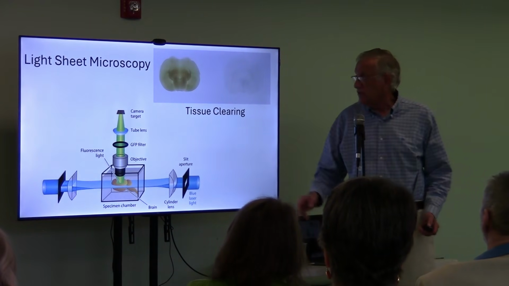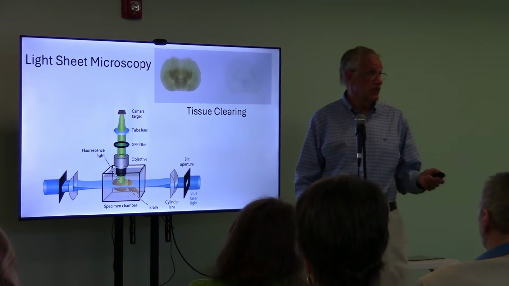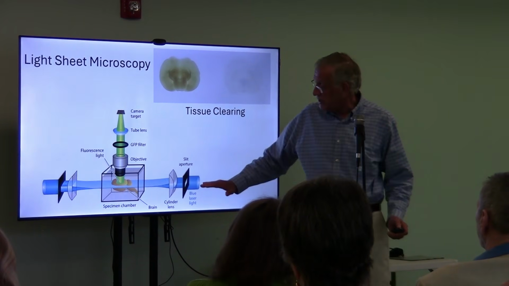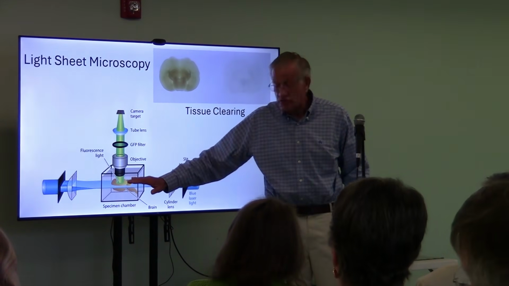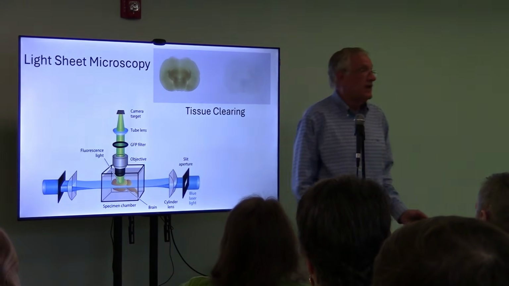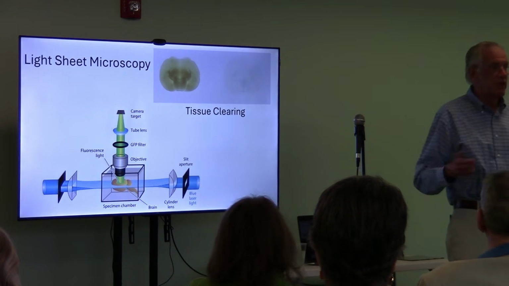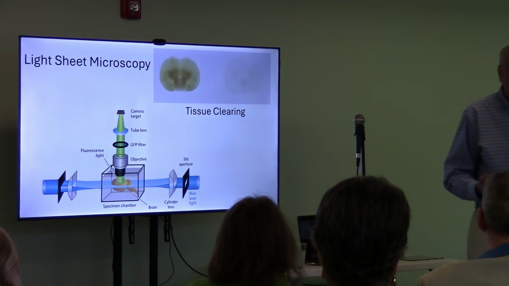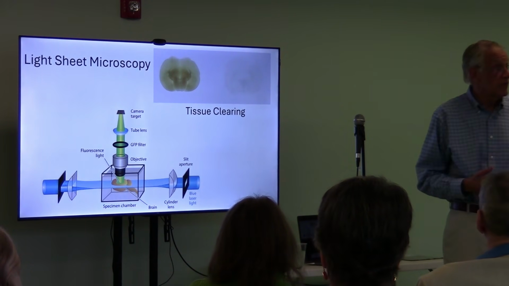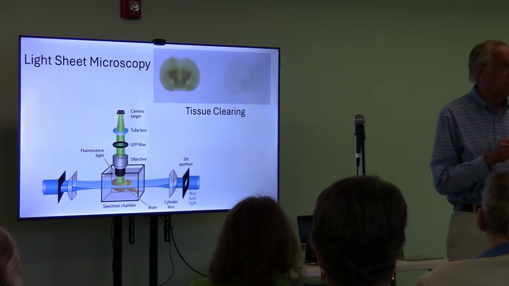You build yourself something called a structured light illumination microscope, a SLIM scope. You take a sheet of light, you spread it out, and you scan it through the brain. Now, if you illuminate a chunk of tissue, almost anything, you'll get fluorescence. You can get autofluorescence, or you can get fluorescence for very specific wavelengths.